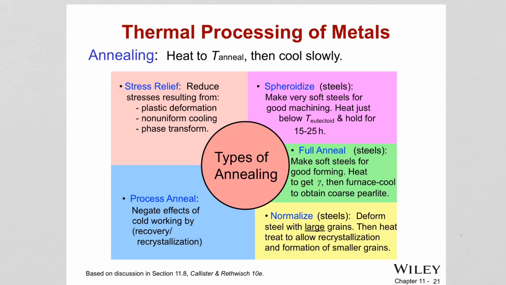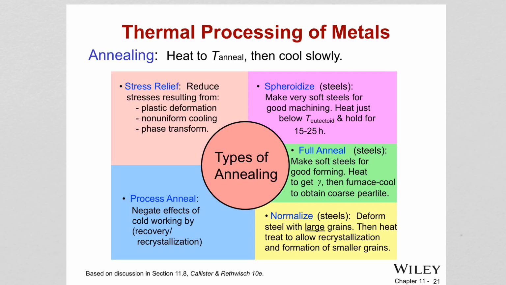Okay, so we have seen what annealing is, right? It is a heat treatment. The material is exposed to an elevated temperature for a long period of time and then slowly cooled. There are reasons why we do annealing: one is to relieve the stresses, increase ductility, reduce the strength, and produce a specific microstructure.